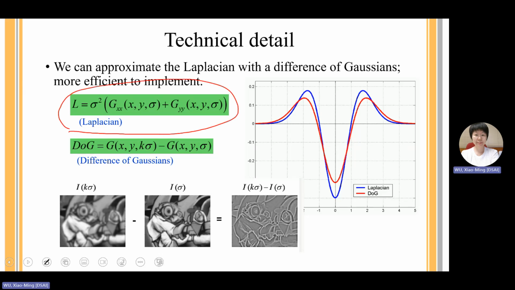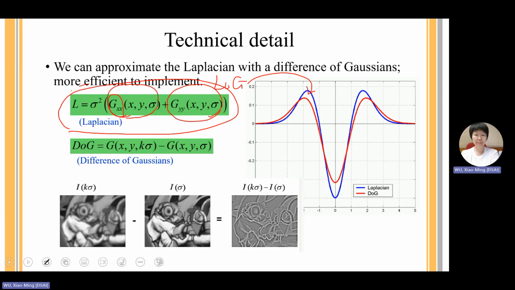This is the second order x derivative with respect to the Gaussian, and this is the second order y derivative with respect to the Gaussian function. So this is the LOG function, represented by the blue curve.